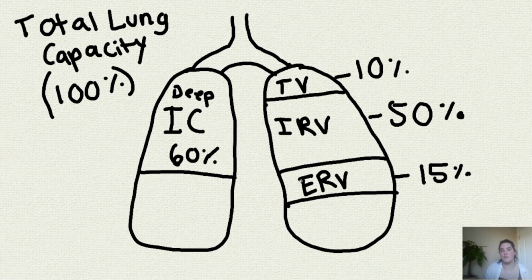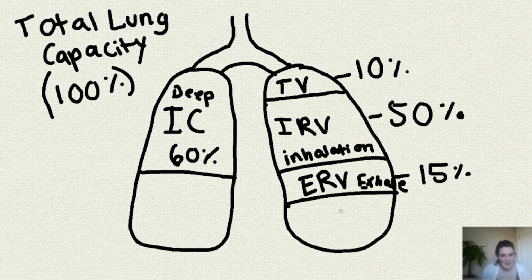And then if you were to force more air out of your lungs, you use about 15% of your lungs to do that, to exhale out, okay? So this is inhale. And then this is your exhale. It's kind of messy, but you get the point.